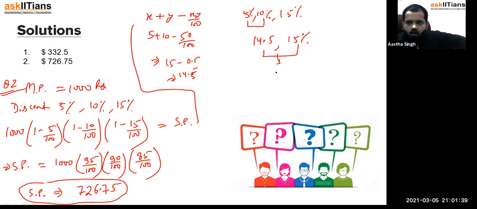So it will be a long method. Again, you have to do 14.5 plus 15 minus 14.5 into 15 upon 100, right?